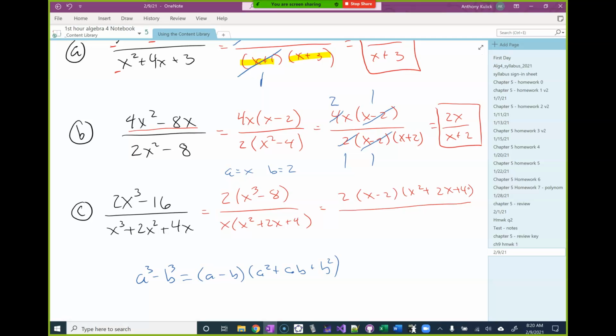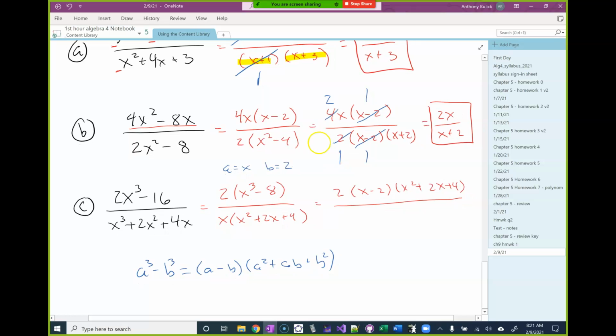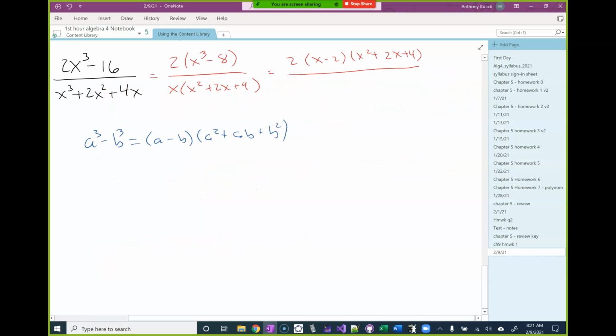Did I go too fast through that? Are we okay? Please stop me and let me know if it doesn't make sense or doesn't click what I did there.